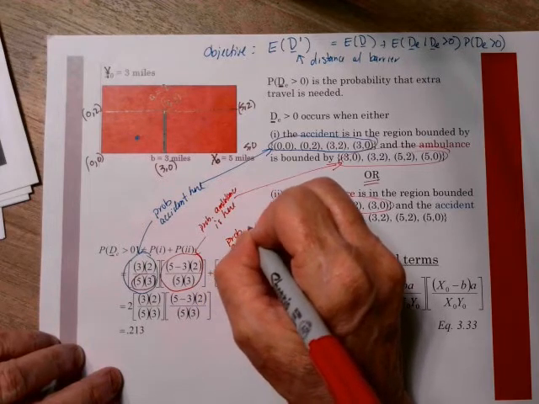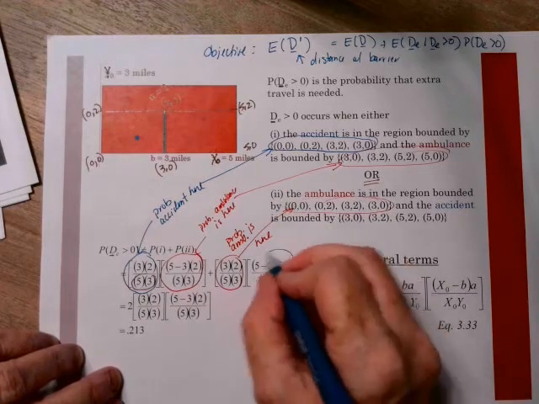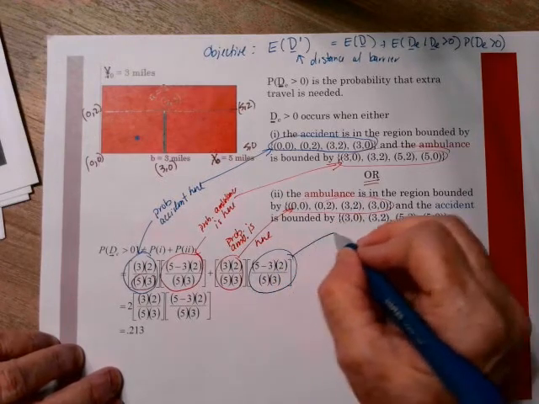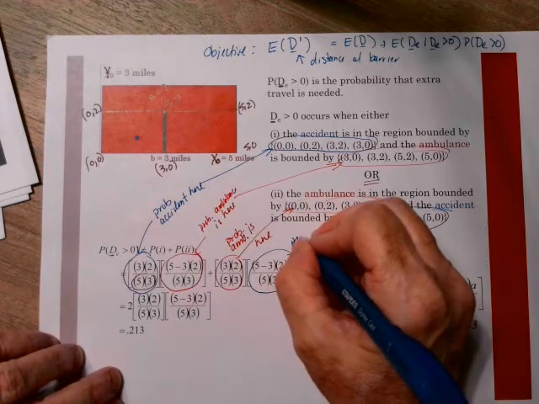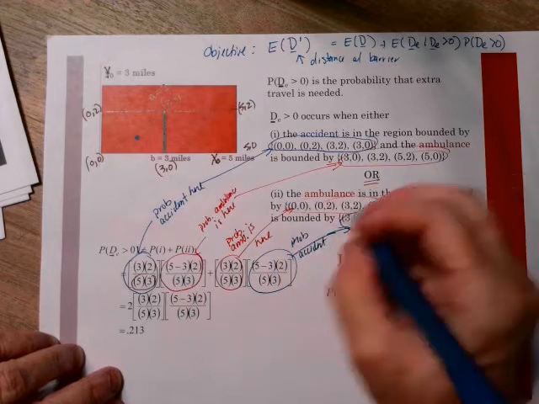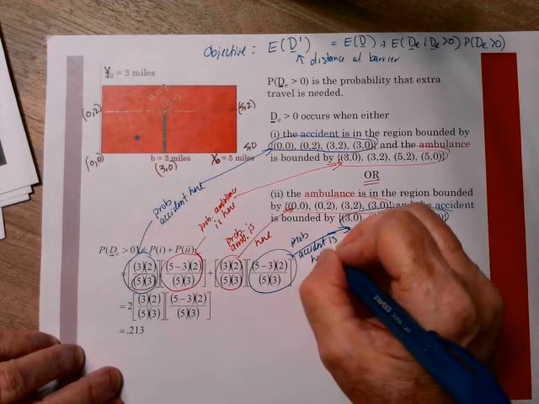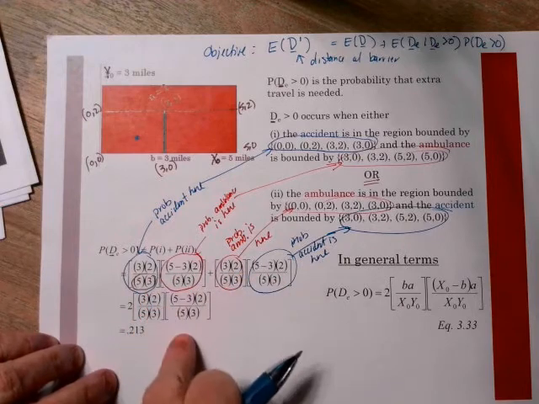Ambulance is here. And this one will be corresponding to here, so that's the probability the accident is now on the other side of the barrier, the right side. So for our specific situation, this is how we would get these probabilities.